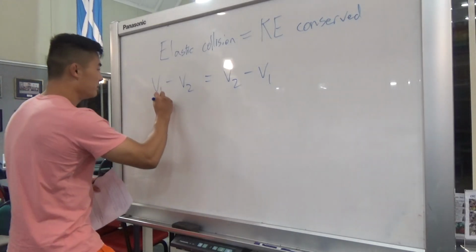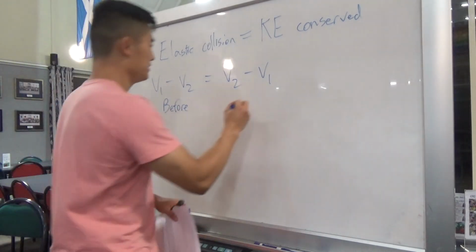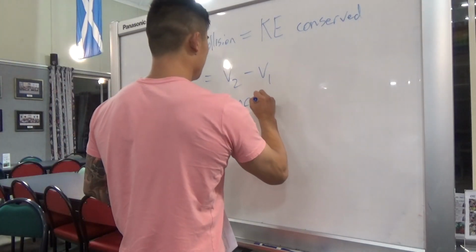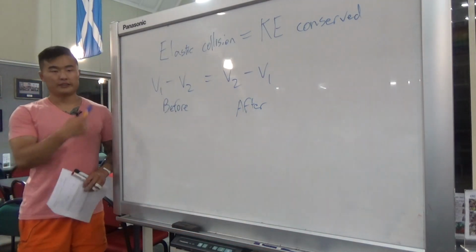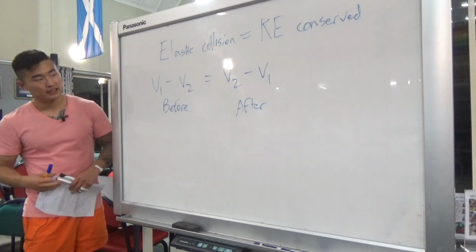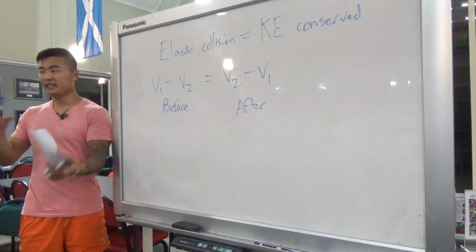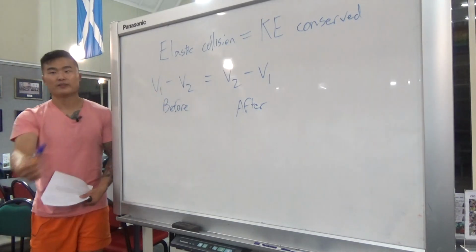This is the velocity before the collision, and this is the velocity after the collision. So the difference in velocity between the two objects is conserved, but they're just going to be in the opposite sign, which is what this equation is saying.